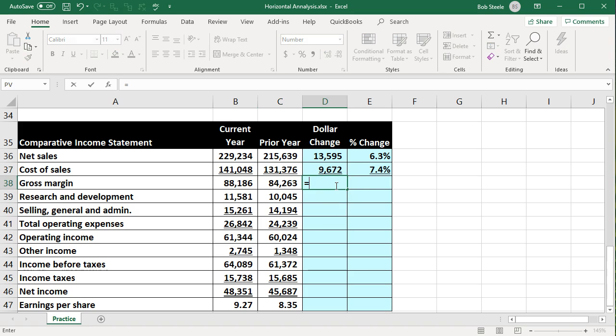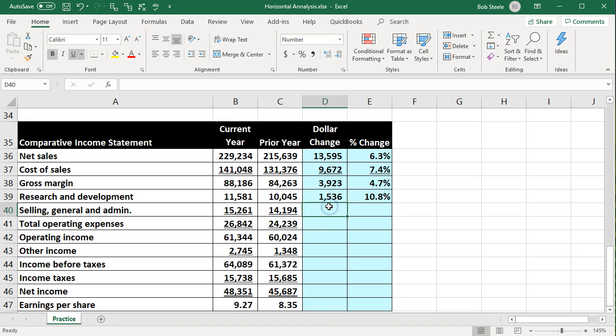So let's keep going through this. The gross margin is the current year minus the prior year, and then the percentage change is the dollar change divided by the prior year. Then research and development is the current year minus the prior year, and the percentage change equals the dollar change divided by the prior year.